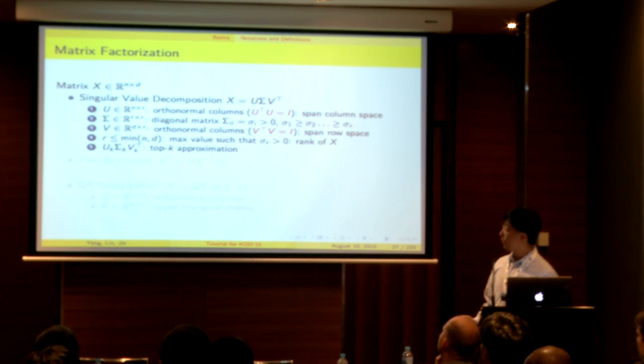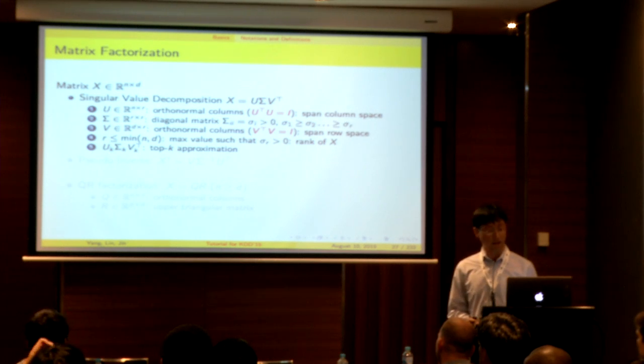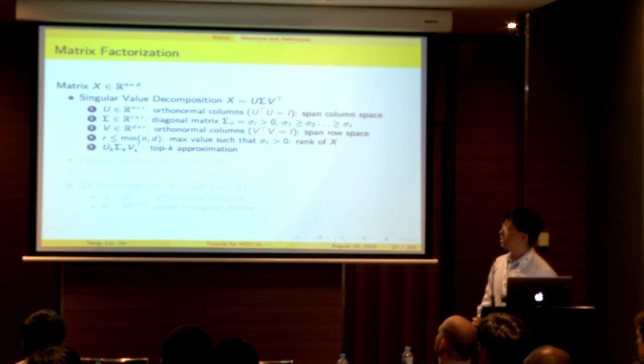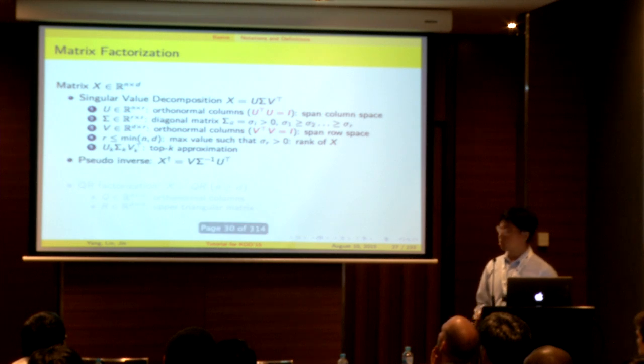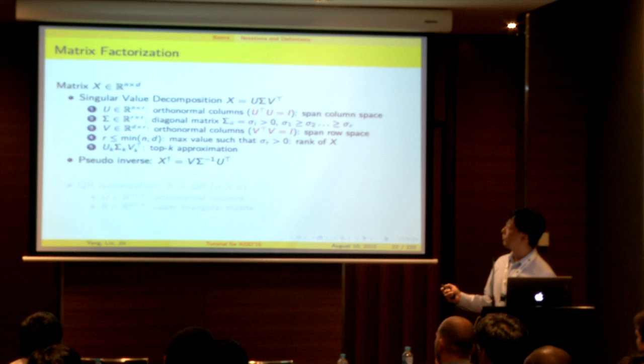Here, we use this notation to denote the top k approximation, which will only retain the top k singular values and their corresponding singular vectors. Given this singular value decomposition, we can define the so-called pseudo-inverse of a matrix X. The pseudo-inverse is computed by V sigma inverse times U transpose.